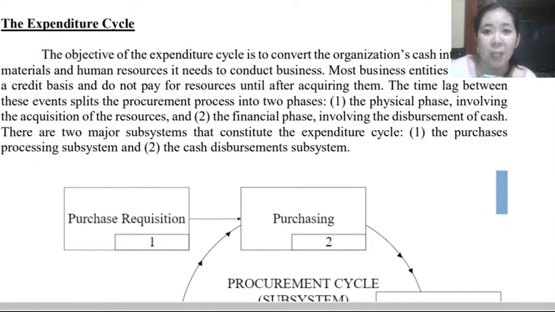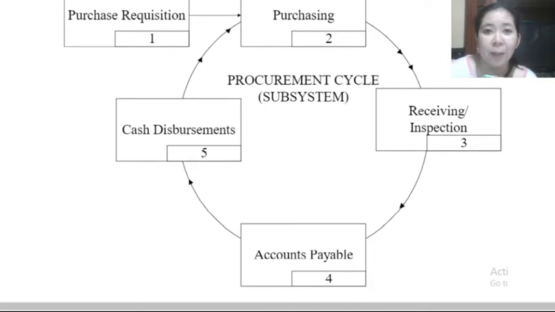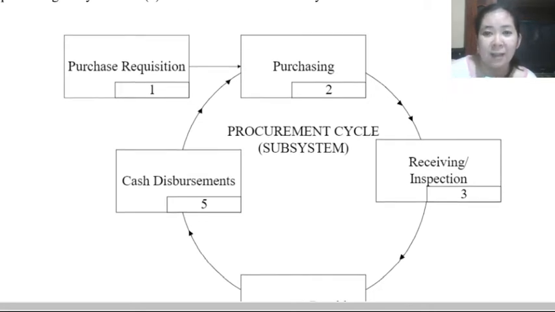Okay, so it follows our procurement process phases. We have here an illustration for the procurement cycle subsystem. Of course, first will be the purchase requisition, meaning the department who needs the item will fill in this requisition form and then submit it to the department responsible for ordering such items or resources needed from the appropriate suppliers.